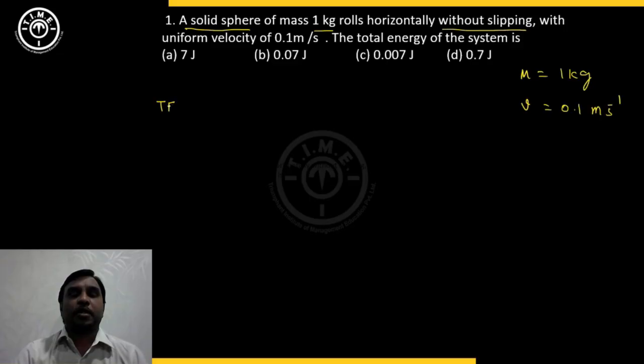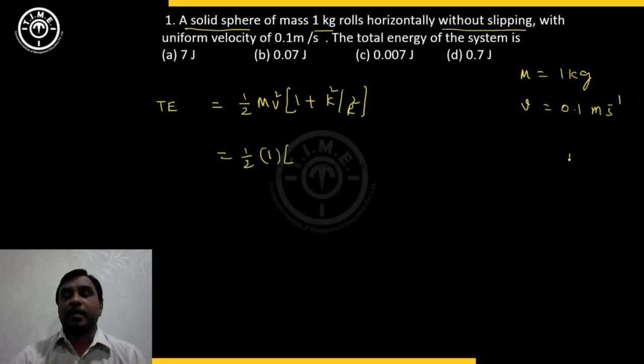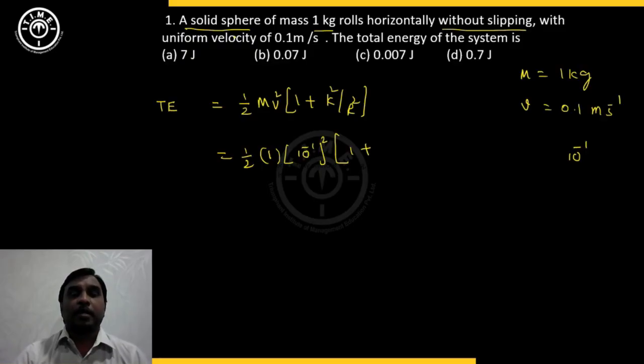You know the expression for total kinetic energy: half mv square into 1 plus k square by r square. Here, according to the problem, mass is given as 1, velocity is 0.1, which is 10 power minus 1, whole square. So 10 power minus 1 whole square, 1 plus. For a solid sphere, what is the moment of inertia?